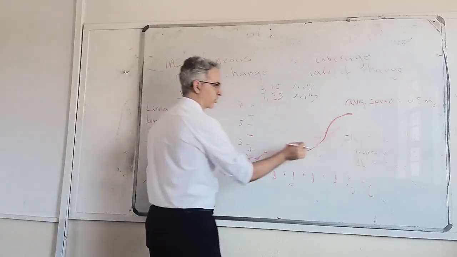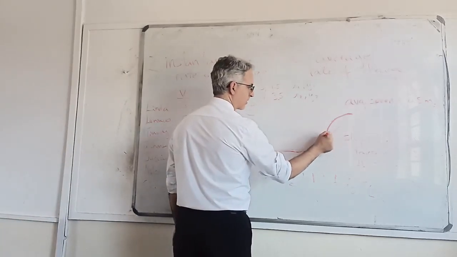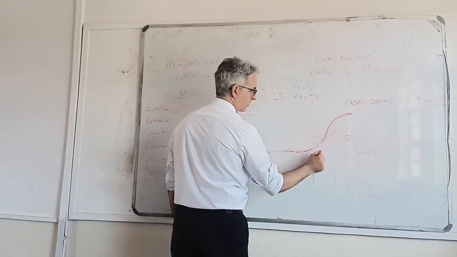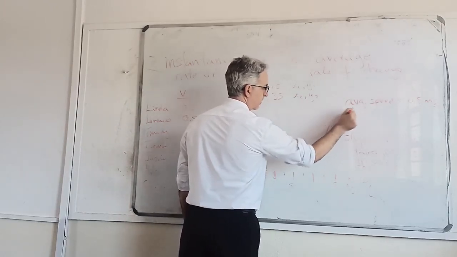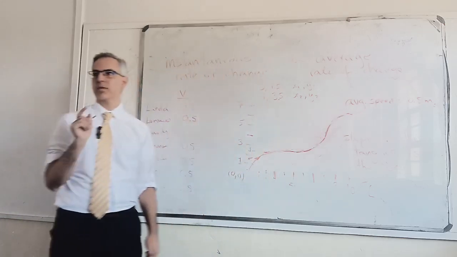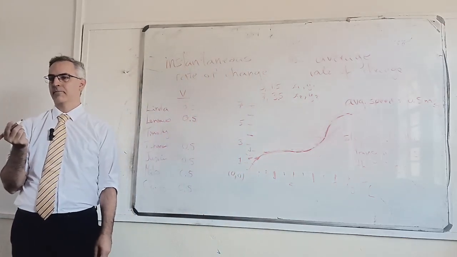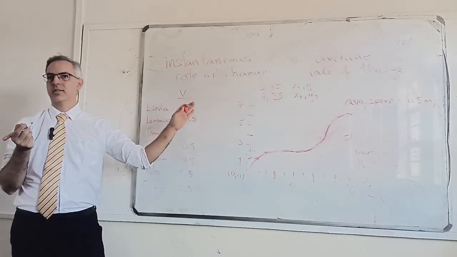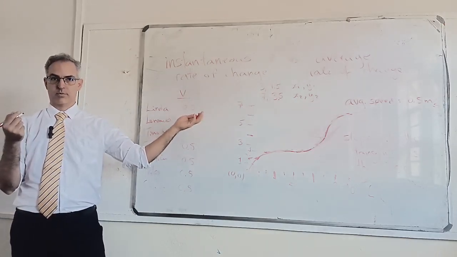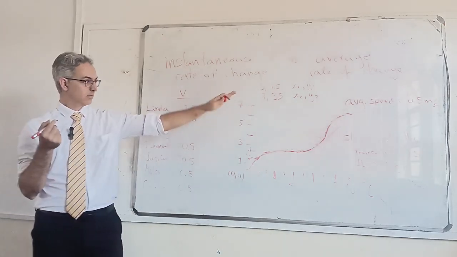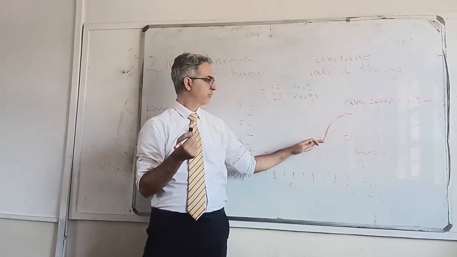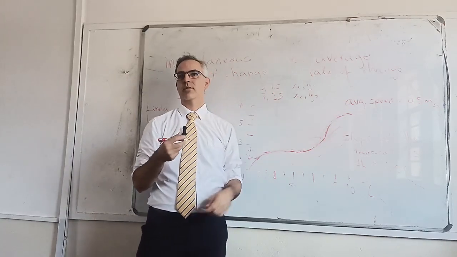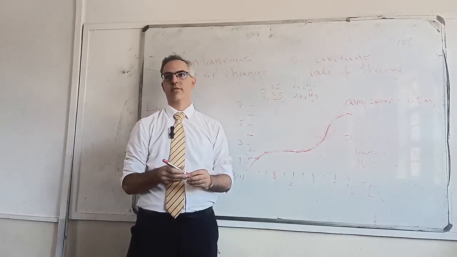Yeah? So if I go a little bit here, this one has its own tangent line, like this. If I go here, this one has this tangent line. If I go here, it has this tangent line. Every point has its own tangent line. Every tangent line has its own slope, right? Clearly they have different slopes, right? And therefore, at every point, there's a different instantaneous rate of change.